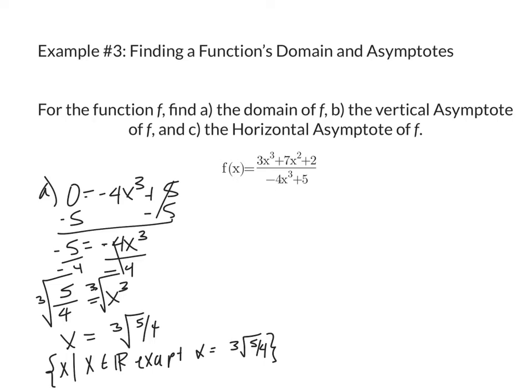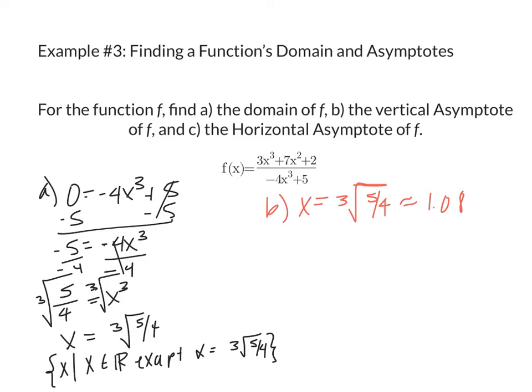For part B, to find the vertical asymptote, our vertical asymptote is what we just found, which is the cube root of 5/4. But just so that number makes a little more sense to you, if you threw that in your calculator, it would be about 1.08. You don't have to write it in decimal form. In fact, I encourage you not to. But if you wanted a better understanding of what that number is, then you could throw it in.